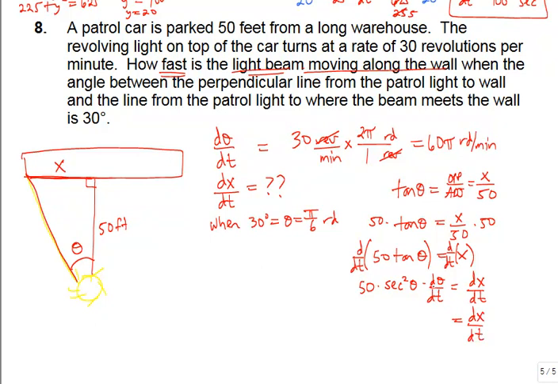We know that d theta dt is that 60 pi, and we need to know what secant squared of theta is, and in this problem, unlike the last one, we're actually told what theta is. Theta is pi over 6. So we're going to go ahead and substitute in pi over 6 for that theta. Now we're going to have to do a little bit of evaluating here. We want to know what secant of pi over 6 is. Well, that's 1 over cosine of pi over 6.